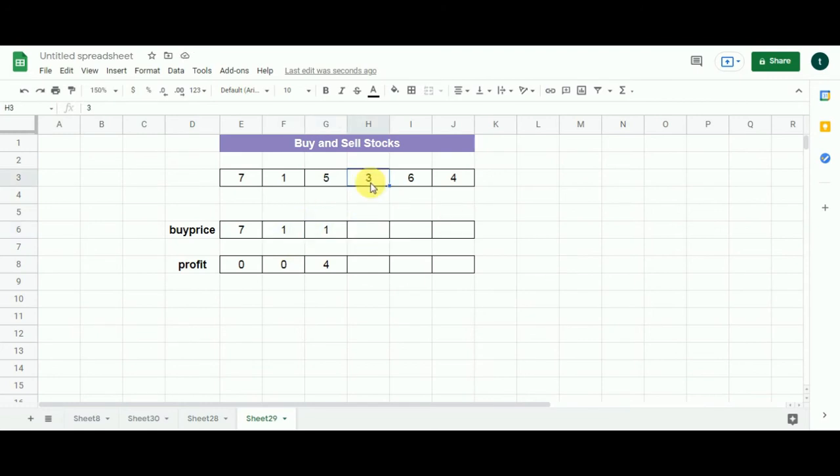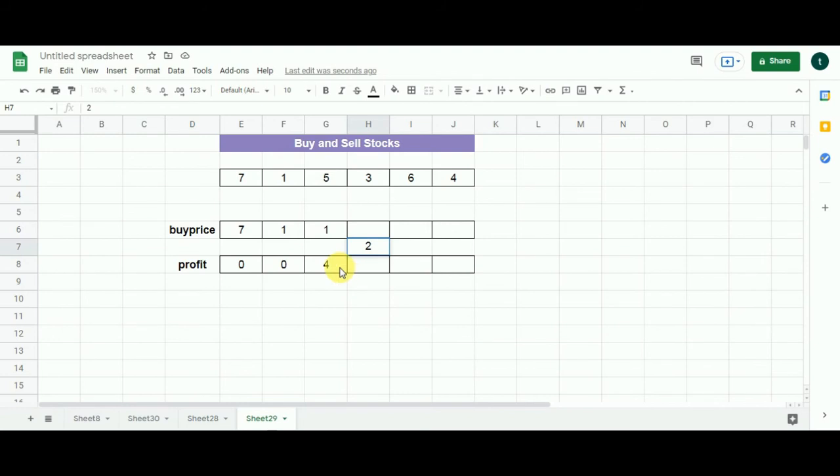Now we move to this cell. The price over here is 3. So we subtract 1 from 3. 1 is the minimum price that our previous subproblem, this cell of the buy price array, gives. So when I subtract 1 from 3, I get 2.